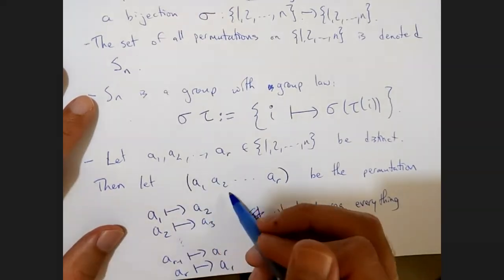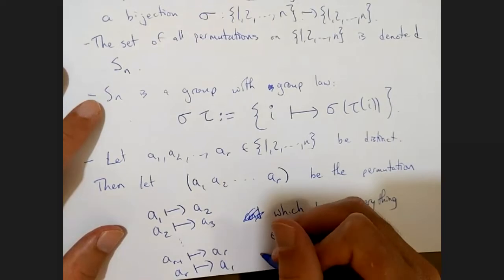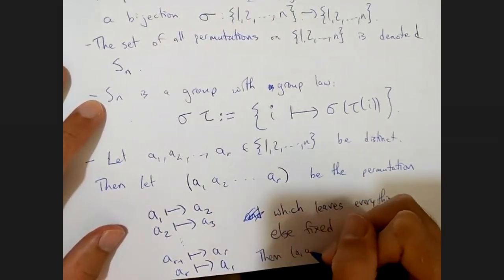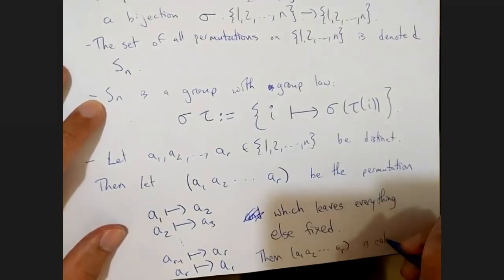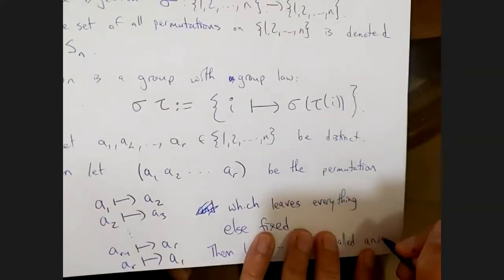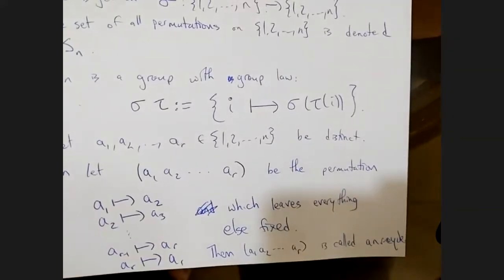This a1, a2, up to ar is called an r-cycle.